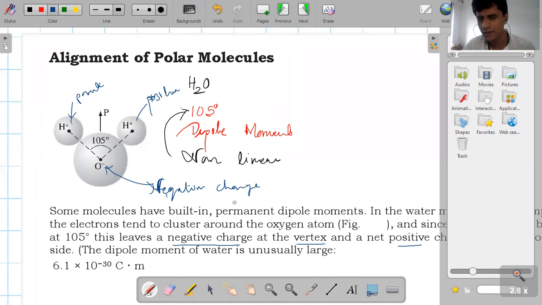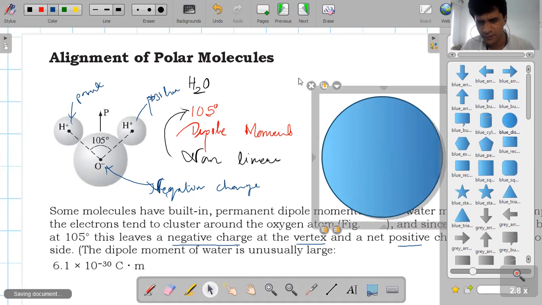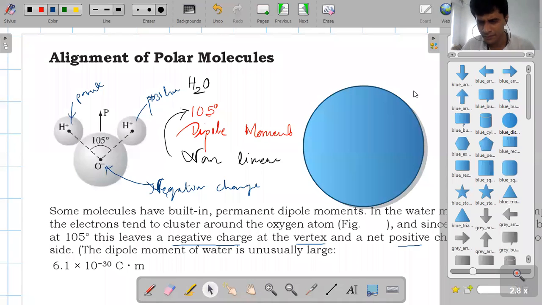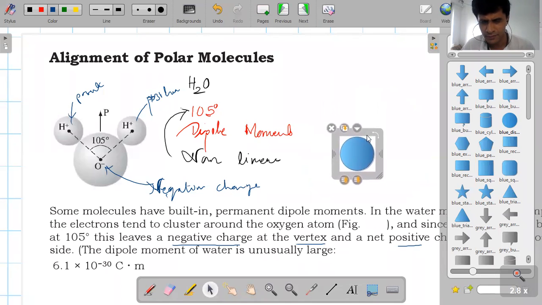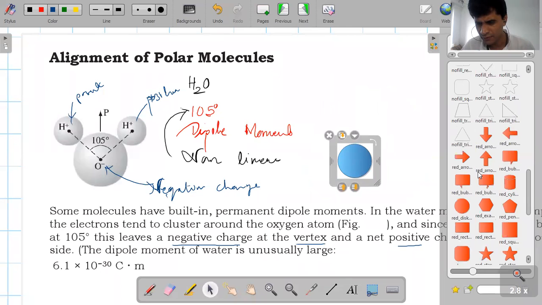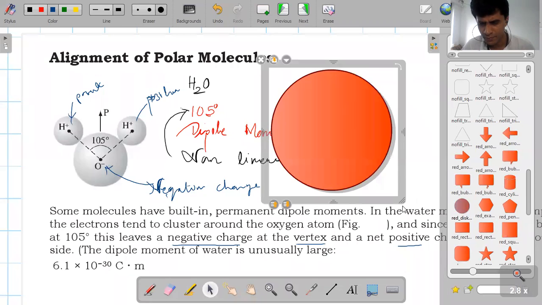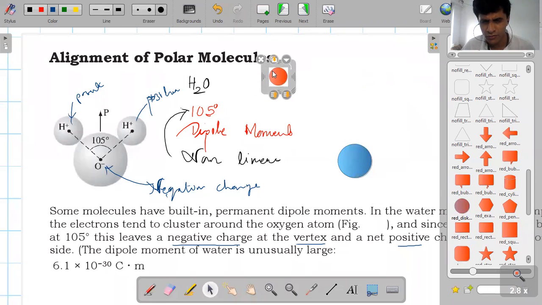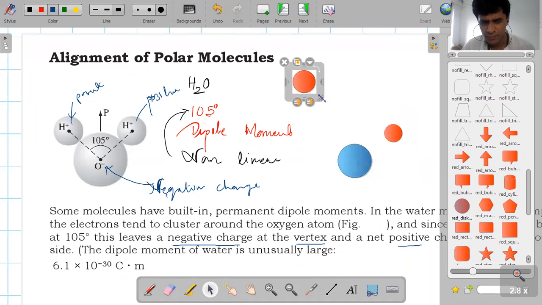The main points are: if you want to draw this diagram, select the larger atom and at the center I will take it, and the small ones, just touch here.